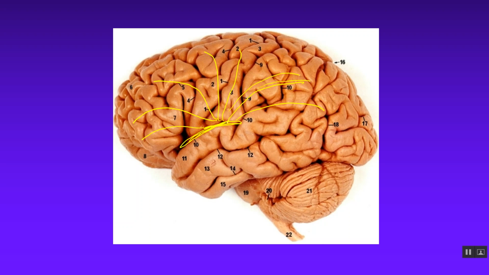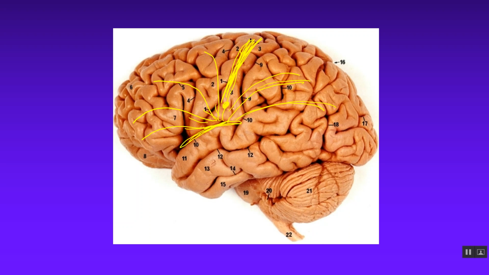And it has distinct branches, M1, M2, M3, and one of those branches may get blocked. So if it blocks just this branch right here, boom, I've just eliminated blood supply to that primary somatosensory area. So I'm going to have that very distinct contralateral loss of pain, temperature, and proprioception on the opposite side of my body.